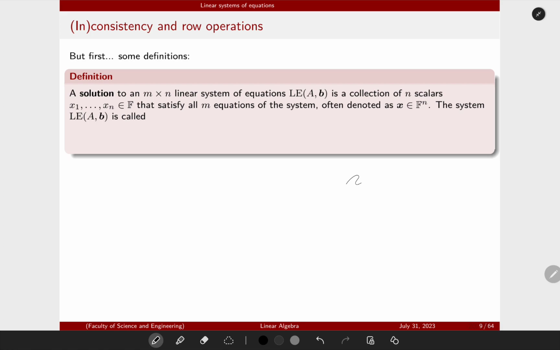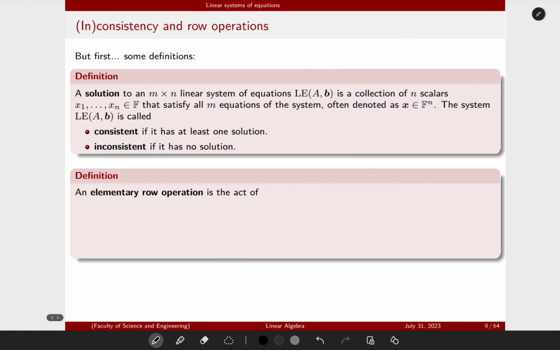So this x will be something like this: x1, x2, dot, dot, dot, all the way up to xn, as you can imagine. Then we call the system that we had before, the LEAB, consistent if there exists a solution, or at least one, and it is inconsistent if there is no solution. So the system we had before is inconsistent.